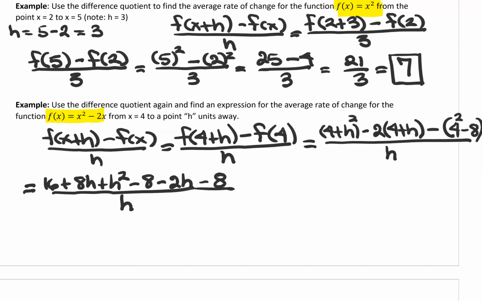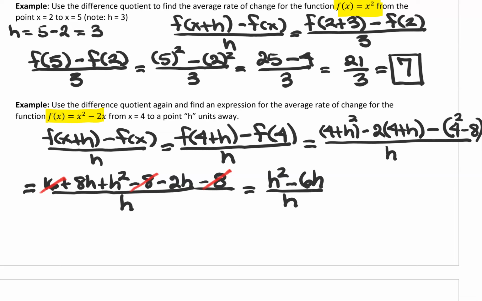Okay, so again, we have some things that are going to cancel out here and combine. So we have a 16, when you subtract 8 and subtract 8 more, gives you nothing. Combining our like terms, we have 8h minus 2h, so a 6h. So we have h squared plus 6h, all divided by h.